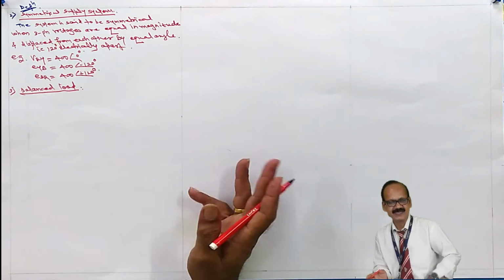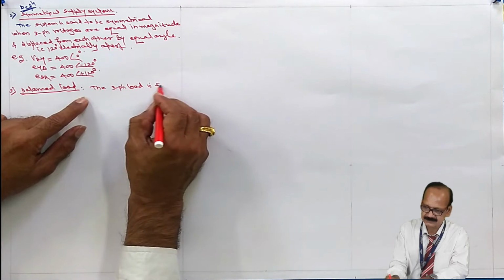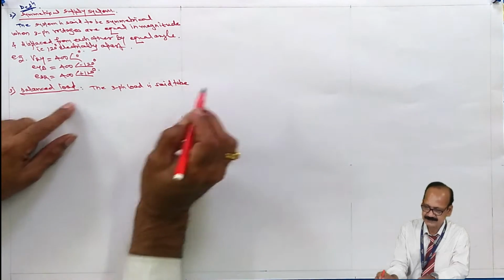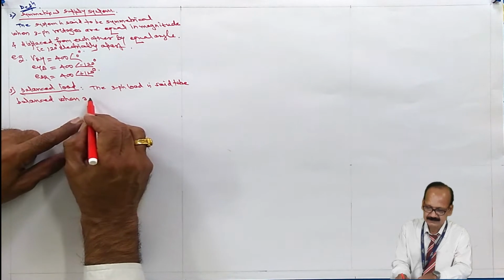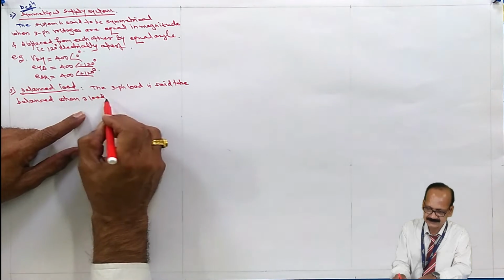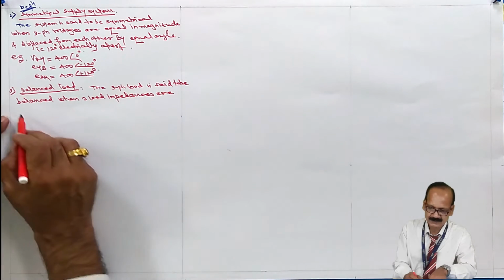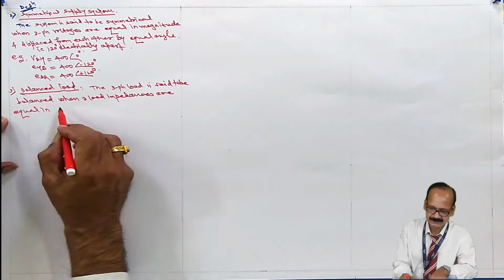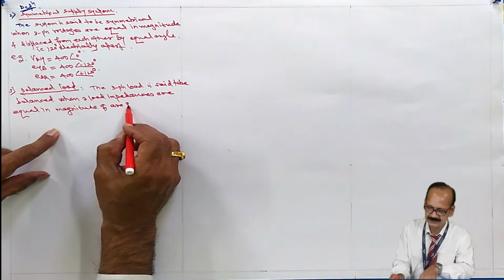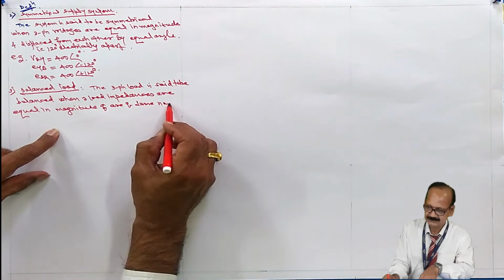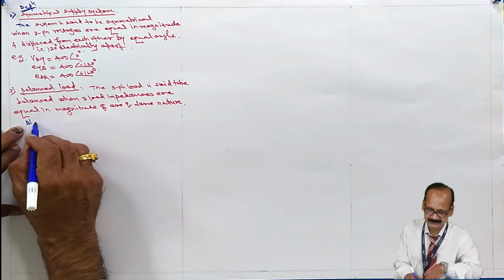The three-phase load is said to be balanced when three load impedances are equal in magnitude and are of the same nature.